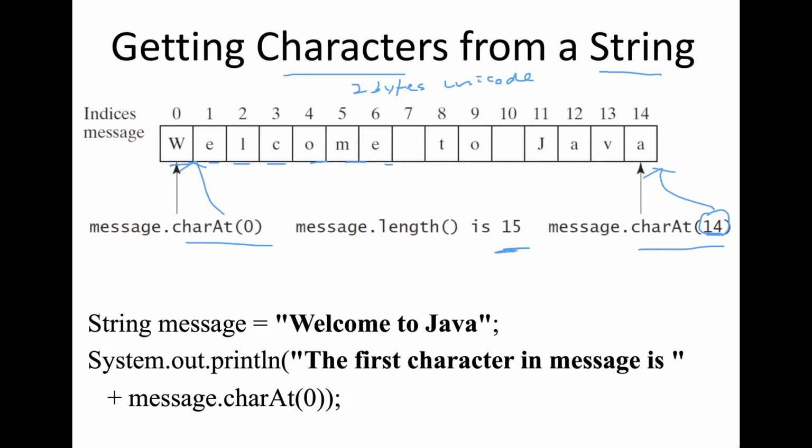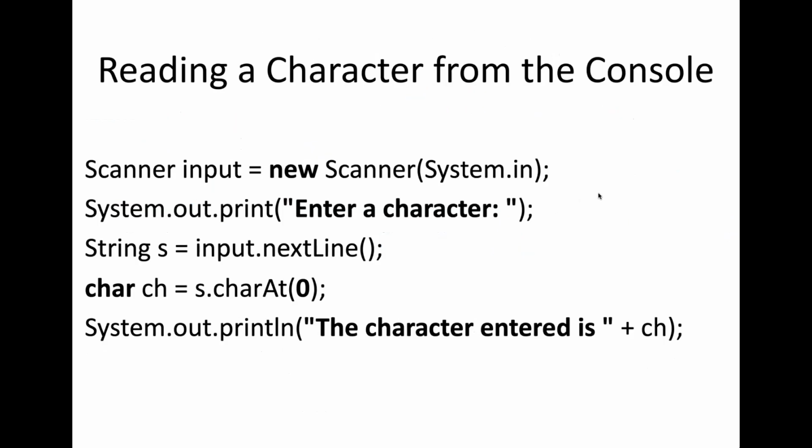Let's look at reading a character from the console. It turns out that instead of reading string instances from the console at runtime, you can also read characters. Instead of next, you call nextLine. This reads the entire line the user just entered. Let's say "Java is fun", enter. That entire line, "Java is fun", will be stored inside this input, which is a buffer. Technically, we call it a string buffer.